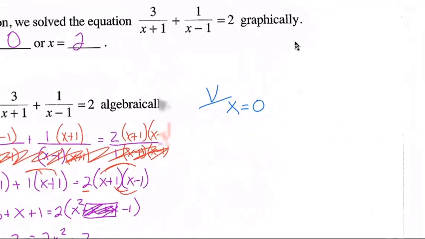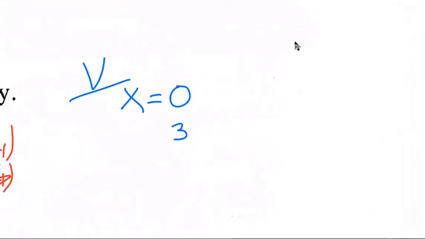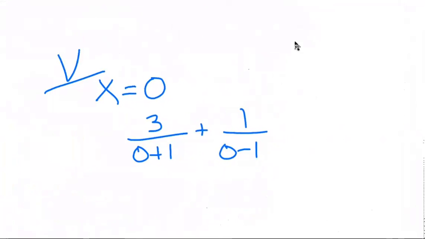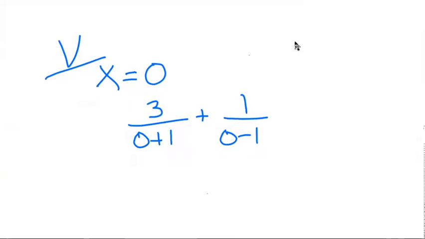So I go to my equation: 3 over 0 plus 1 plus 1 over 0 minus 1, and we want to make sure that equals 2. So 3 over 0 plus 1 is 3 over 1, that's just 3. Plus 1 over negative 1 is negative 1. 3 plus negative 1 is equal to 2.